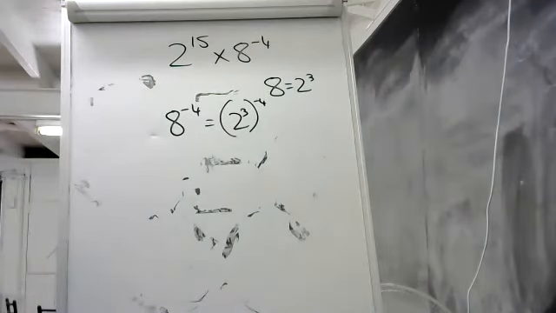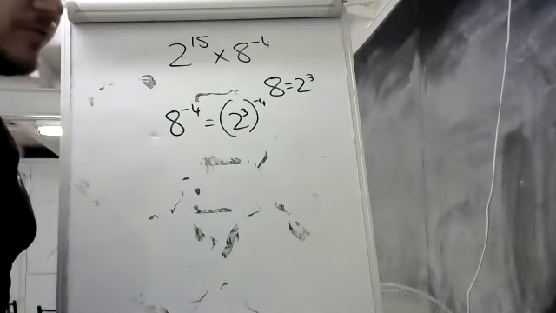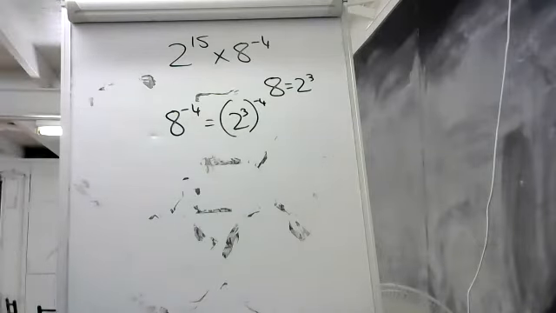And then it's just 2 to the power of 3, which is 8. Is that the correct answer? So I got 2 to the power of 3 as the final answer. 2 to the power of 3, which is 8. Perfect.